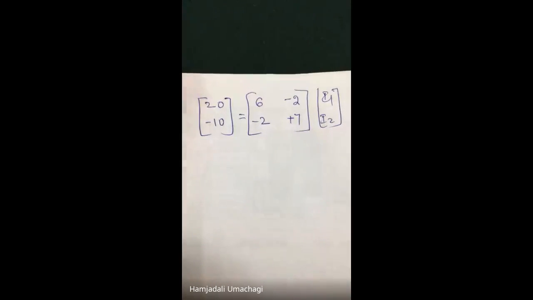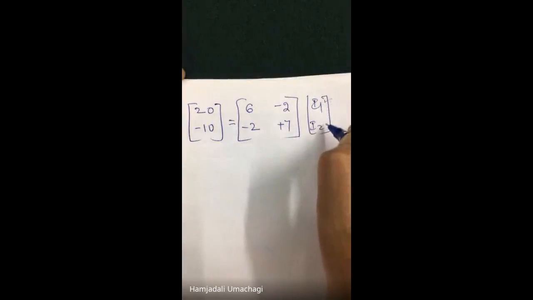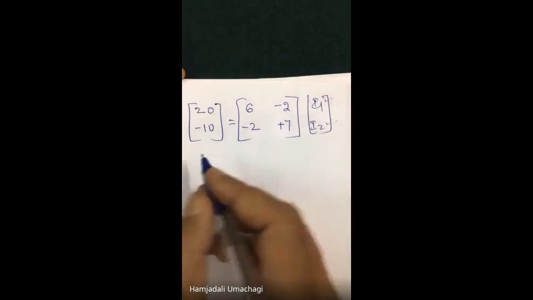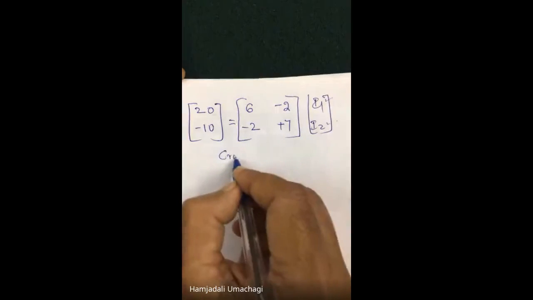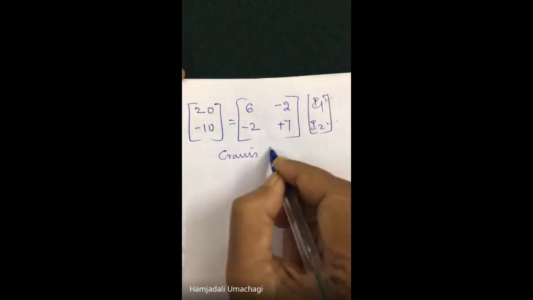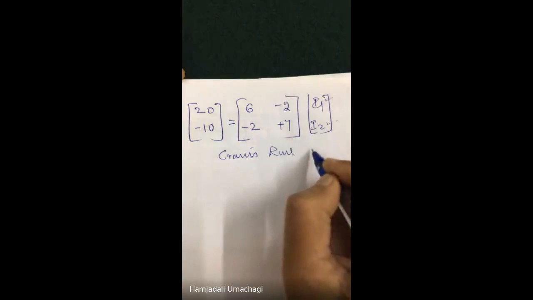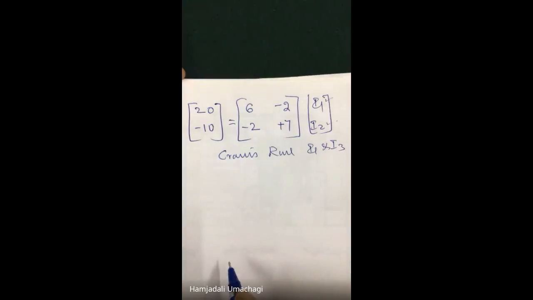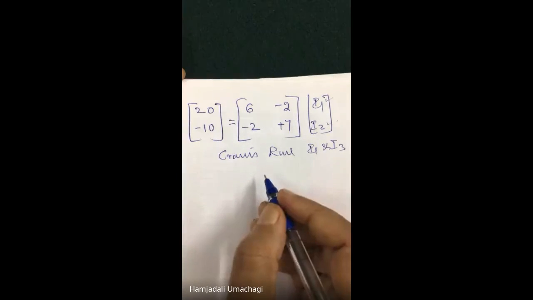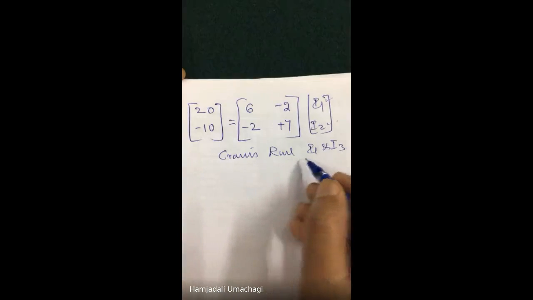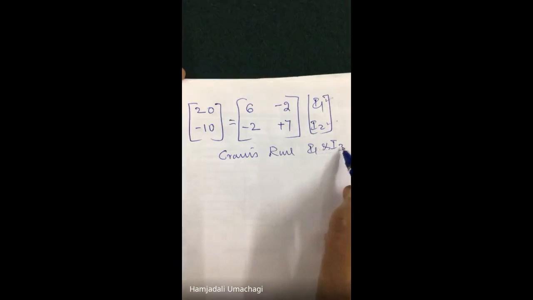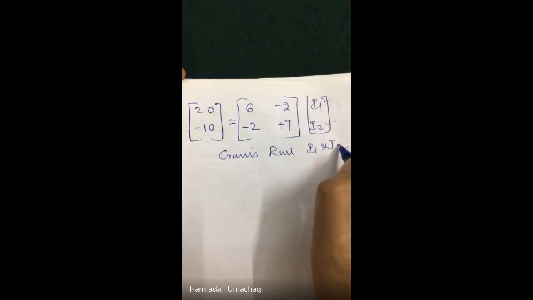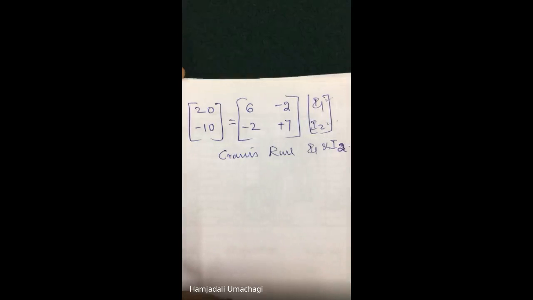To evaluate the current through the 2 ohm resistor, we need to evaluate I1 and I2. Use Cramer's rule to evaluate the currents I1 and I2.